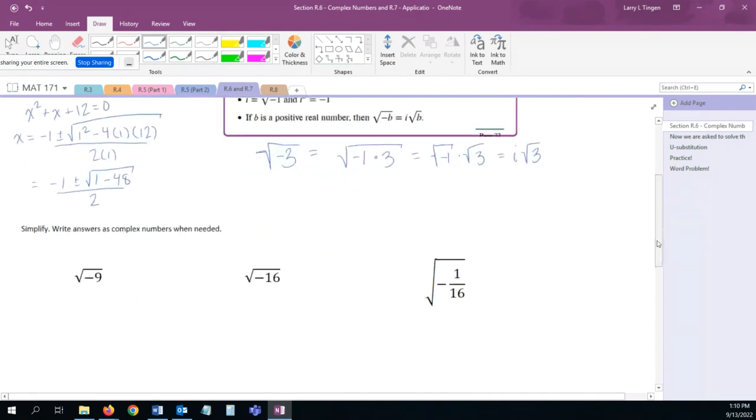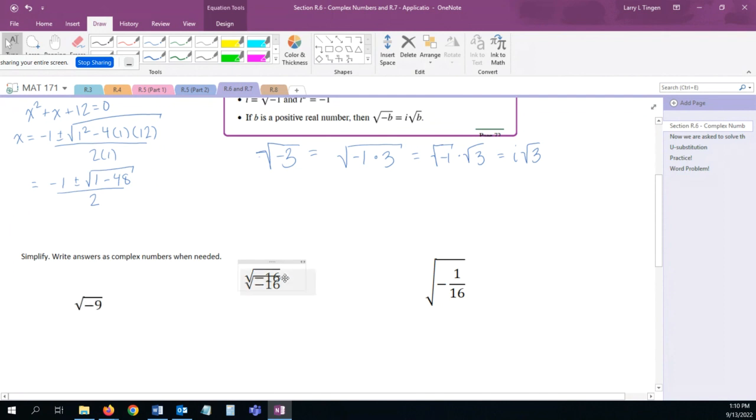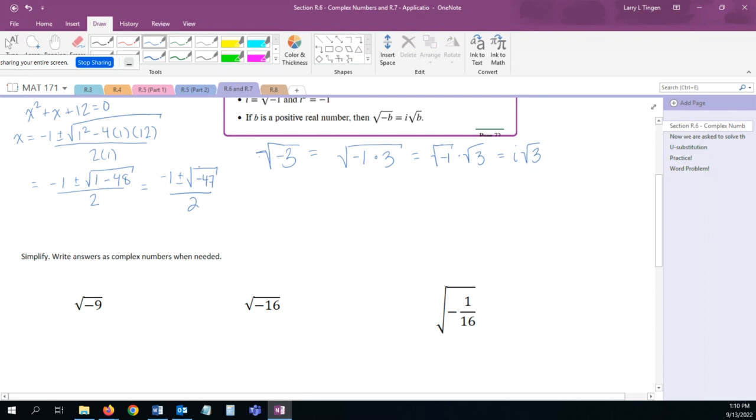At any other point, this is where we would all start to freak out and say, that's not real, it can't be. You know, ghosts aren't real, imaginaries aren't real. Because what happens? 1 minus 48 is under the root, and there's that pesky negative under the even root. When that pops up, the way we handle it is we say the square root of negative 1 is i, and then we continue the problem.